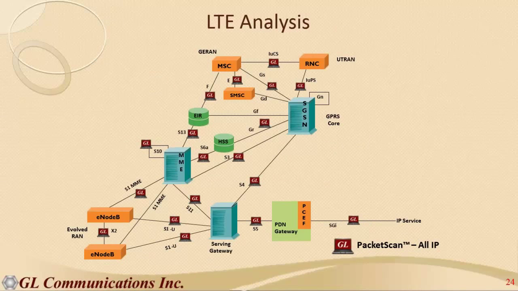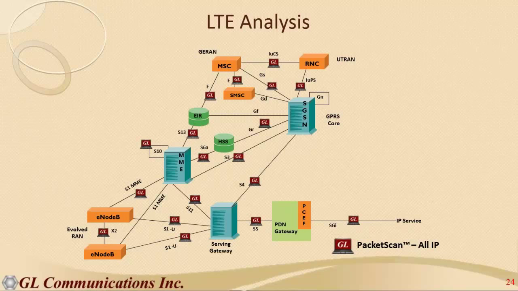So this is about analyzing the LTE interfaces or LTE protocol. As you can see, this is quite a complete network architecture where we define wherever PacketScan can fit and analyze different interfaces.